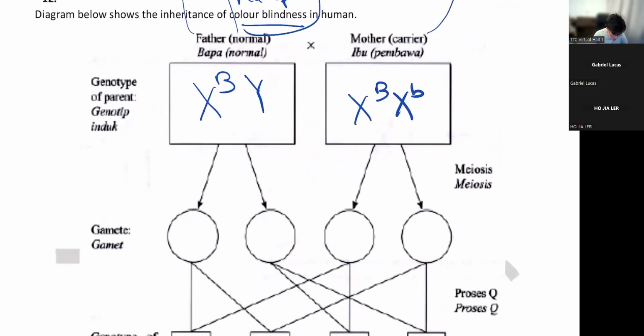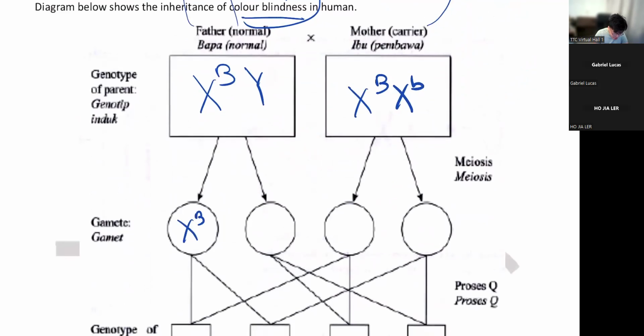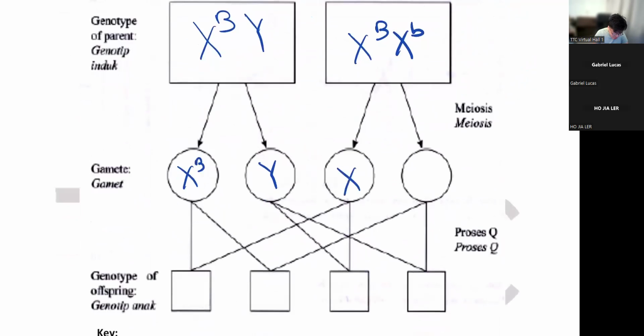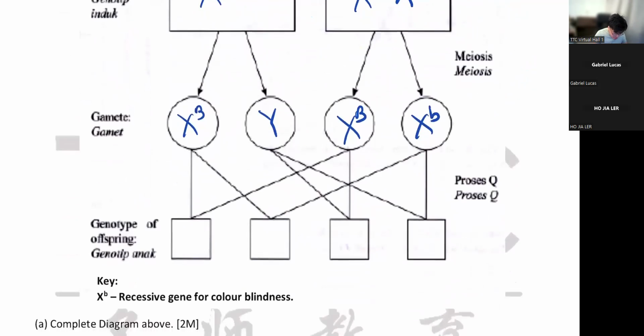When you do meiosis, when you split this into half, your dad's sperm, half will be X big B, half will be Y. Your mom's ovum, half will be X big B, half will be X small b. So when you combine them, you have X big B, X big B. This is a normal female. And then the second one, X big B, X small b, you will be a carrier female.